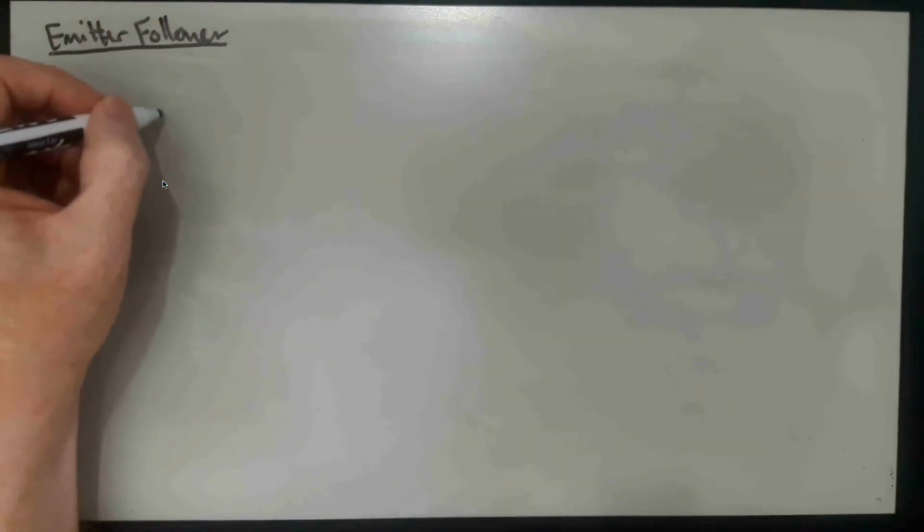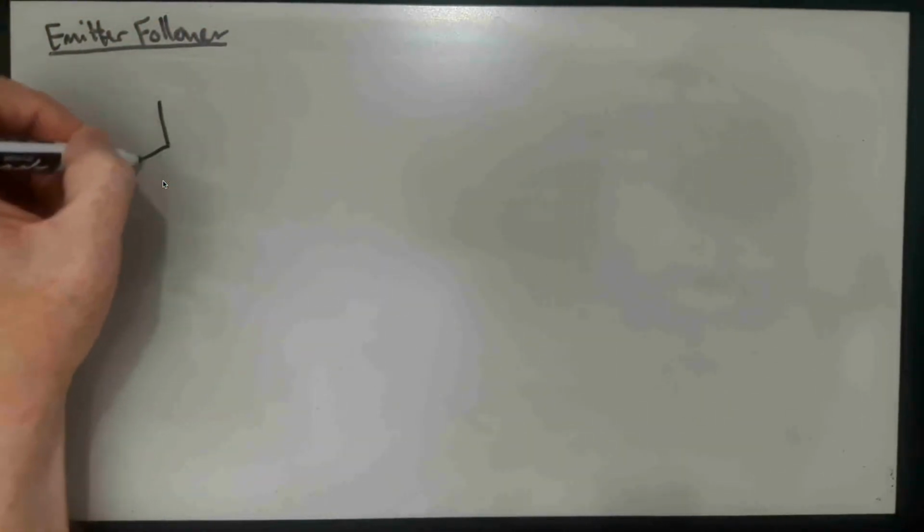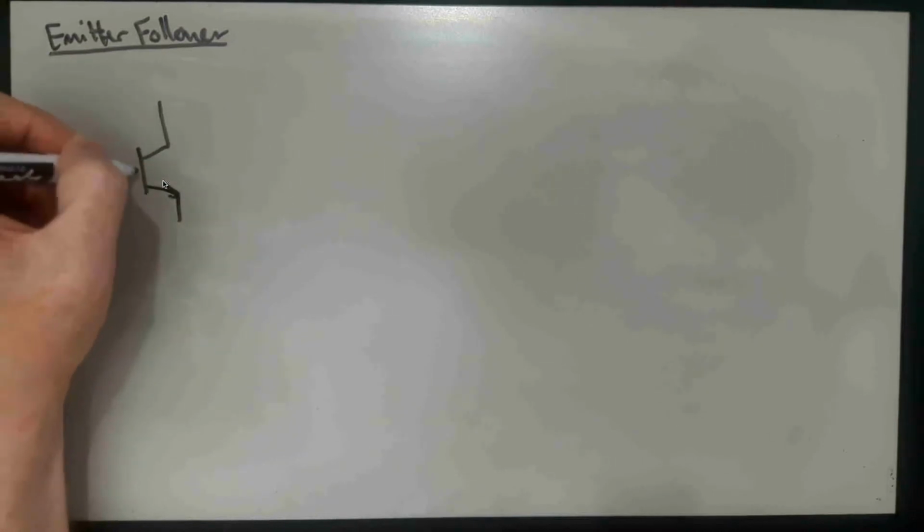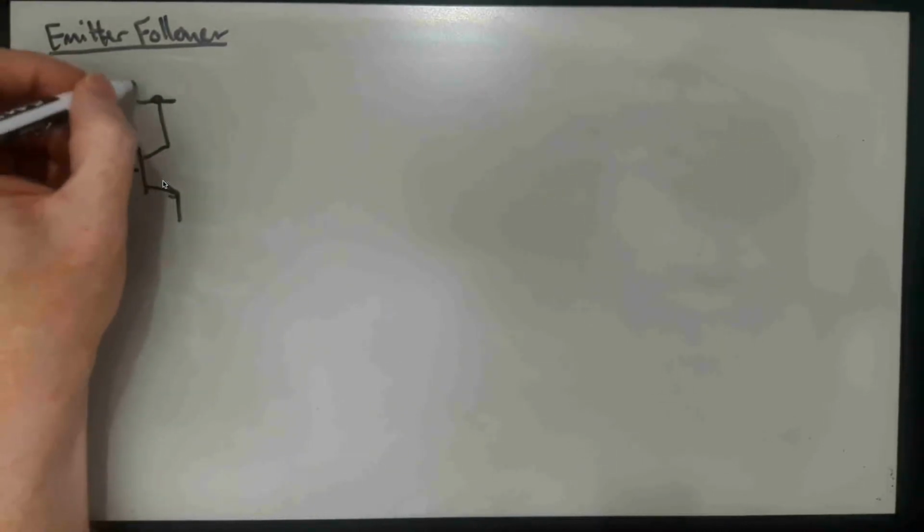Okay, last time we were considering the emitter follower circuit, which, if you recall, with a current source bias, looks like this. We've got two transistors.